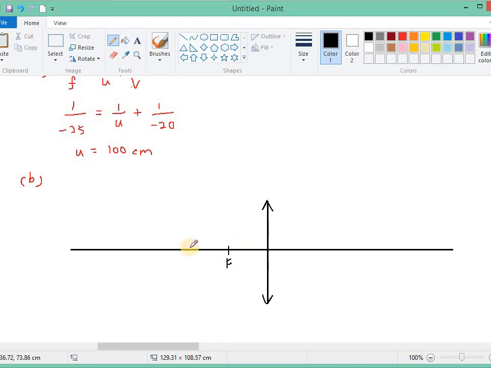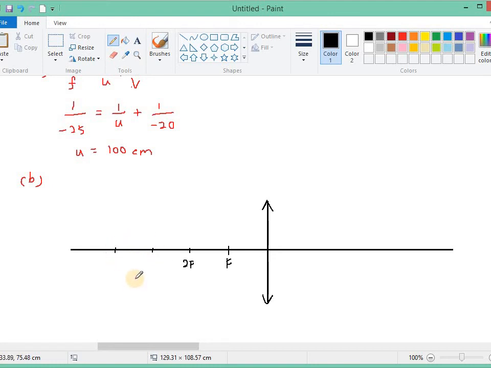So here is 50 centimeter. Sorry, that means this is 75, and then this one will be 100.